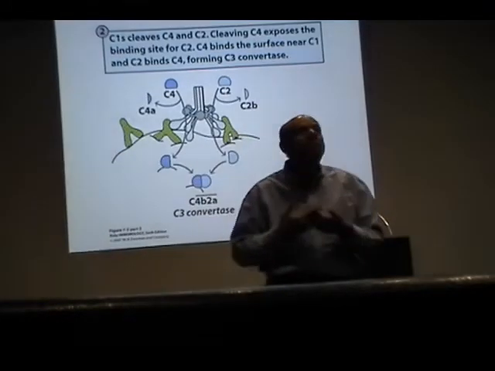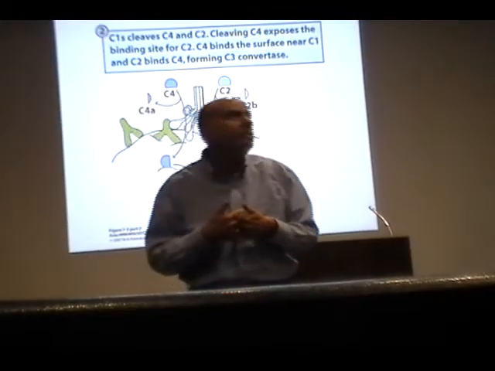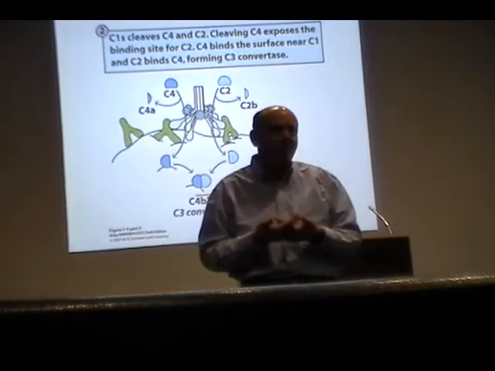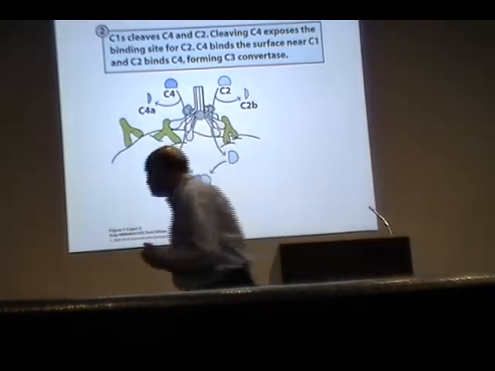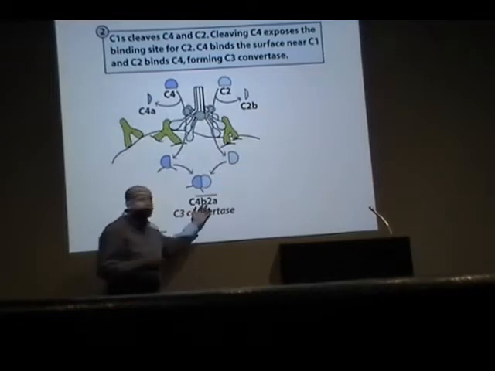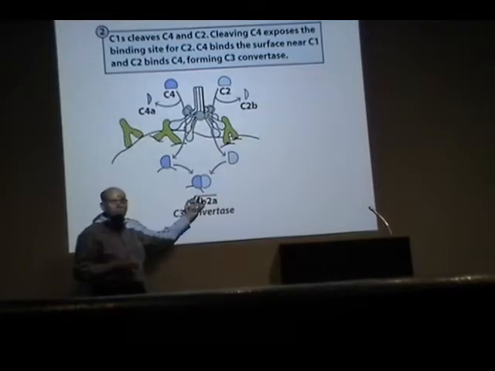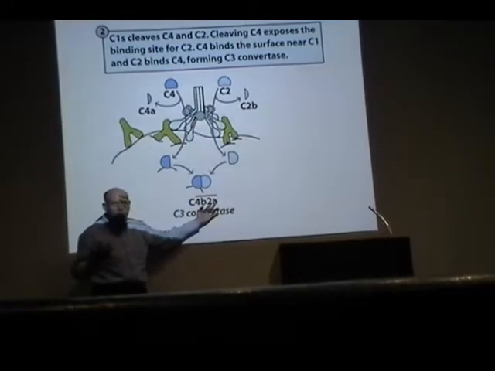I don't know how this happened, and I never read the literature. But the big version of C2 is C2A. Really wish it was C2B, but it isn't. But guess what? We end up with a molecule that is C4B bound to C2 on the surface of the bacteria. C2 is cleaved to a big form, called C2A, unfortunately.